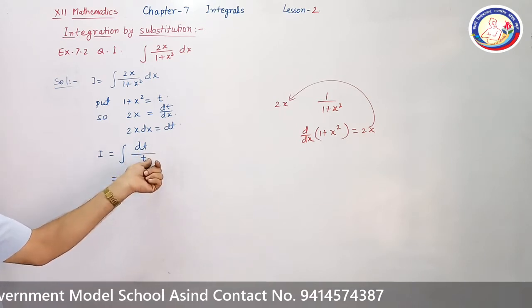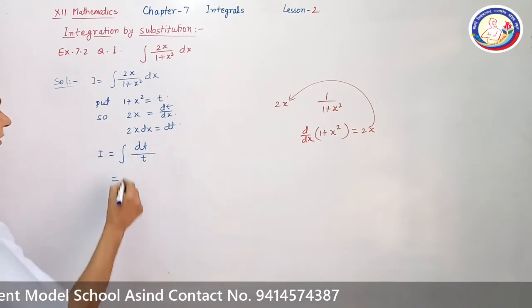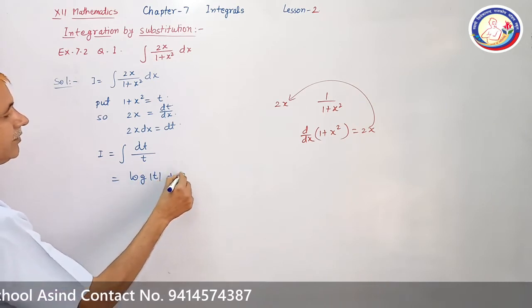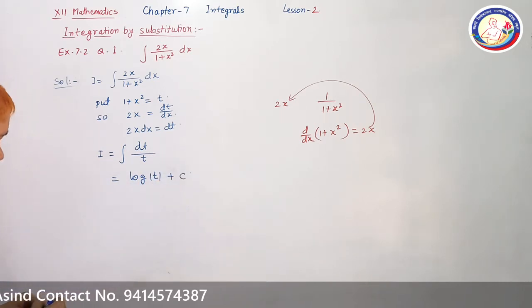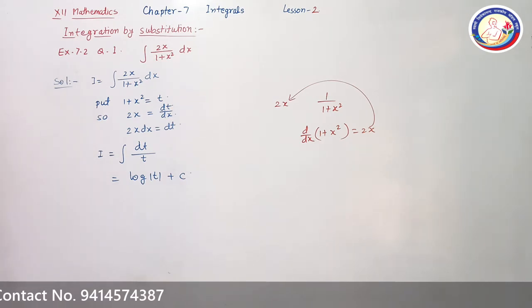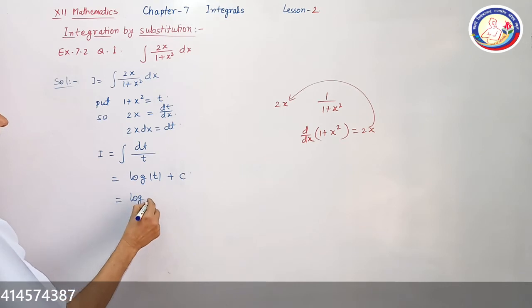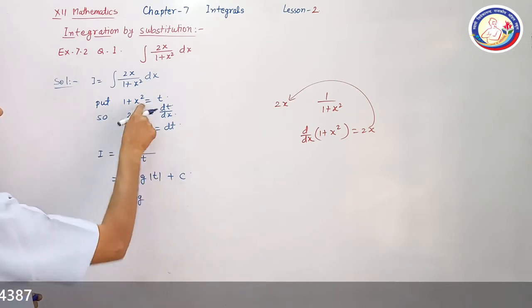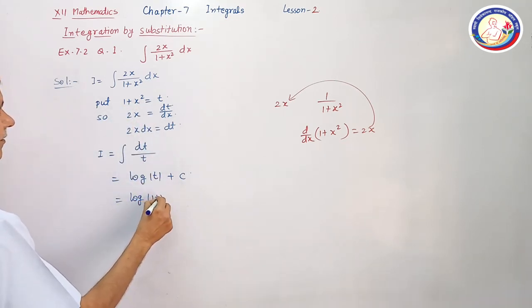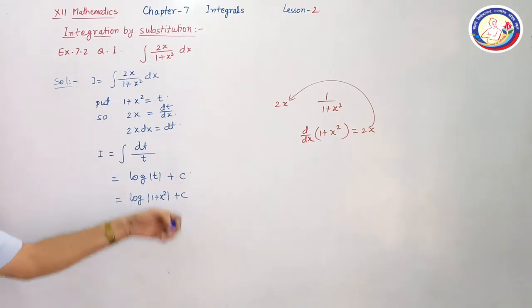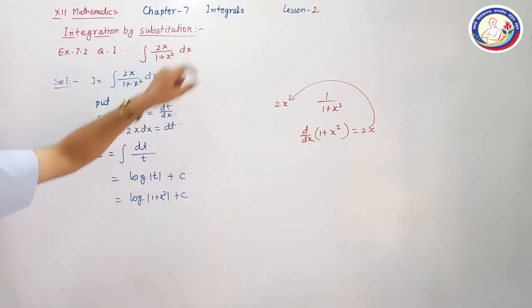If we integrate this function 1 upon t with respect to t, we shall get log of t plus constant of integration. Put here the value of t again. Log of t is log of 1 plus x square plus c. So this is the integration of 2x upon 1 plus x square.